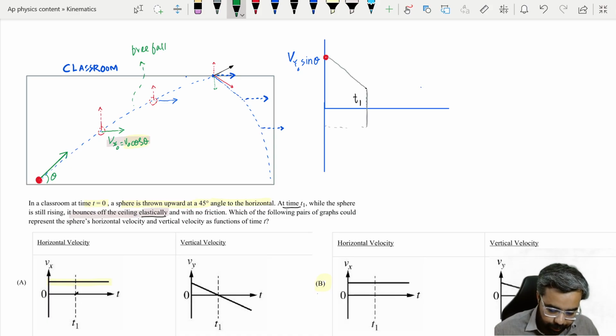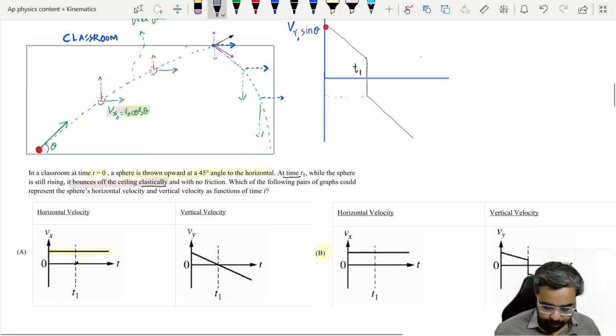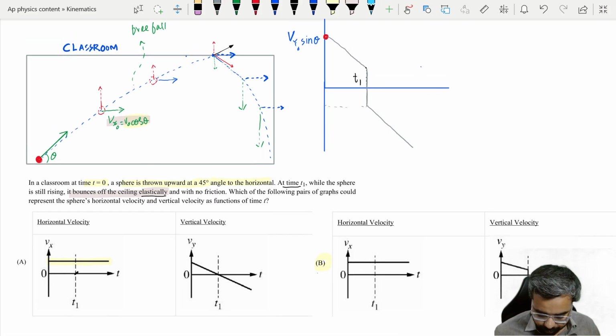Then what will happen now? At all instants, the vertical component of velocity is negative because it is downward. That's why it will now increase, but by the same rate. So this should be the vertical velocity graph. On the basis of this information, the right answer must be option B.